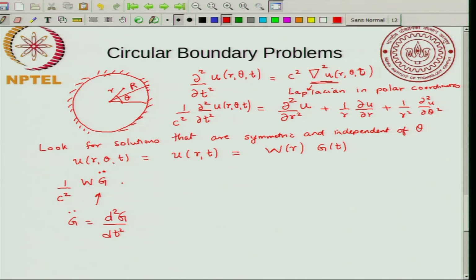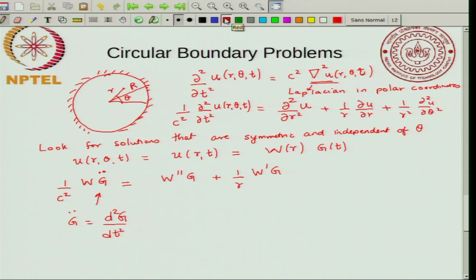This will be equal to d square by dr square of w, which I will write as w double prime, times g, plus 1 by r w prime g. The theta term will not be there because u is independent of theta, so that is all you will have.